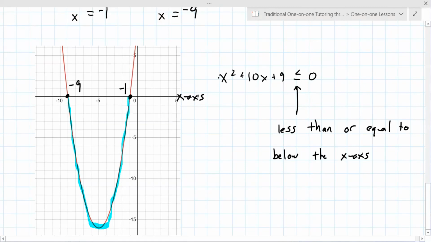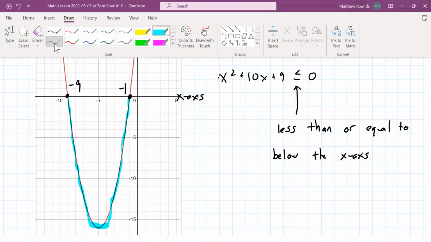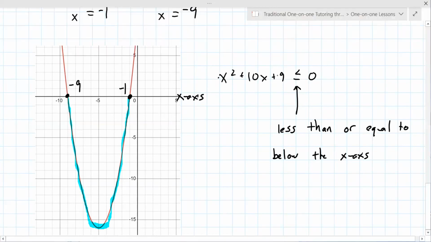It's under. You follow that, right? Yeah. Okay, fantastic. So the solution to this is all the numbers from -9 to -1, all the numbers between them.